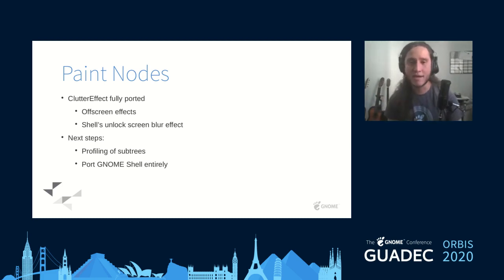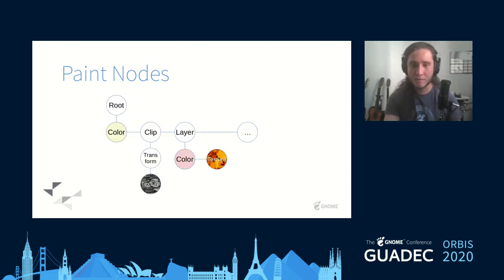So we had to add more API, and voila, it works. Next step is adding a way to profile regions of paint nodes, paint node subtrees. So for example, if I want to know how long it takes for me to draw this subtree here, I'll be able to create a new node, a profiler node, that will check how long it takes to draw that.